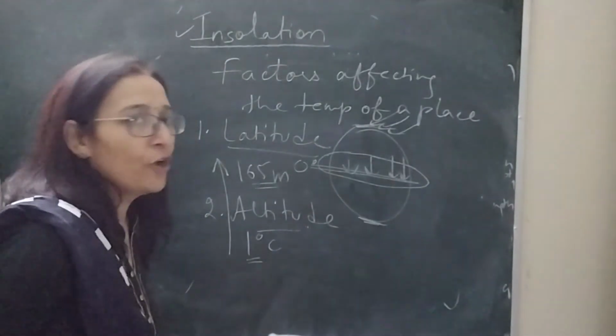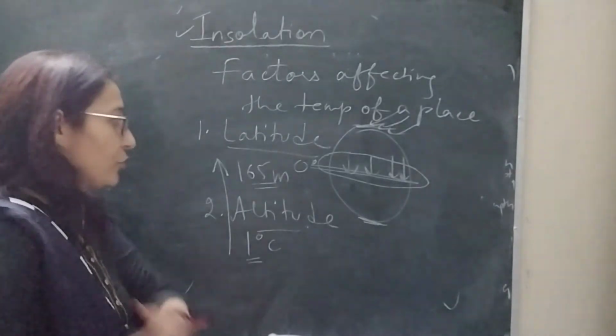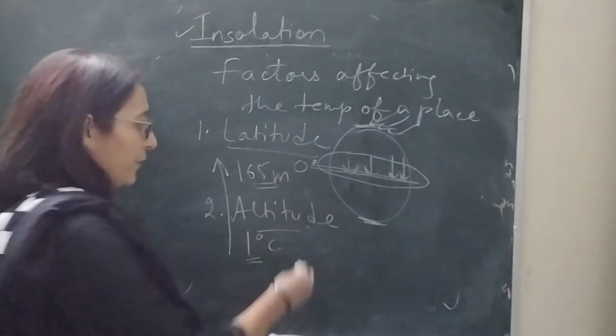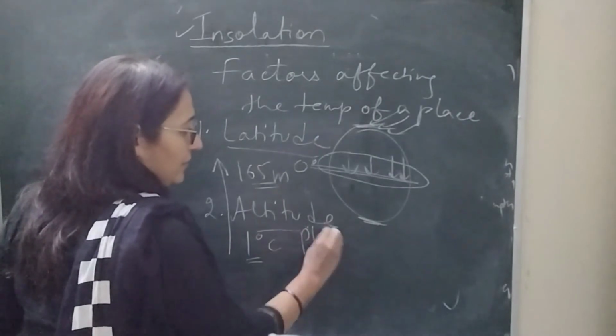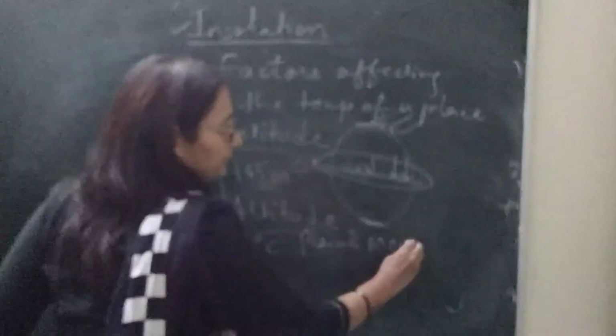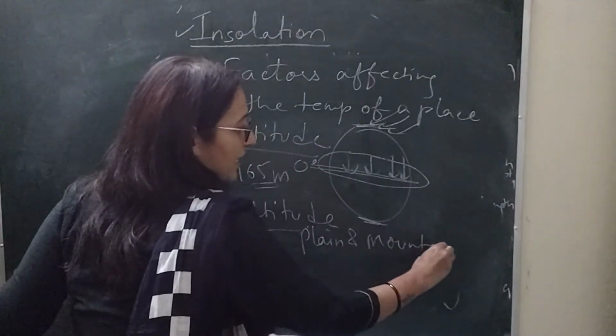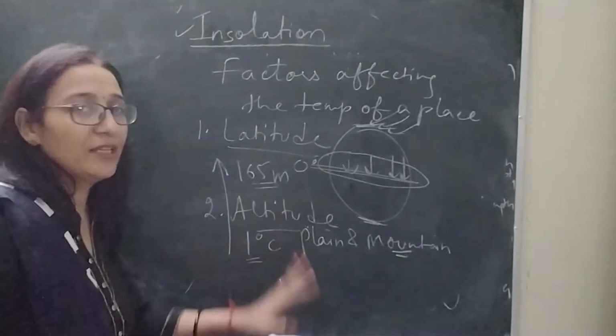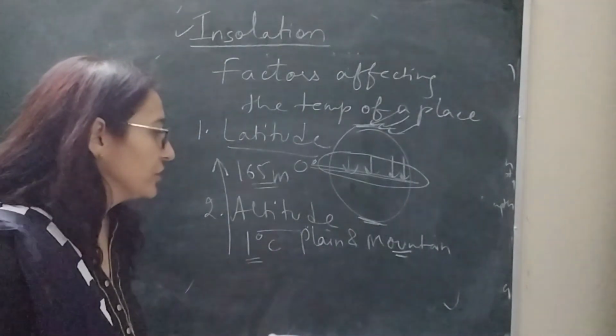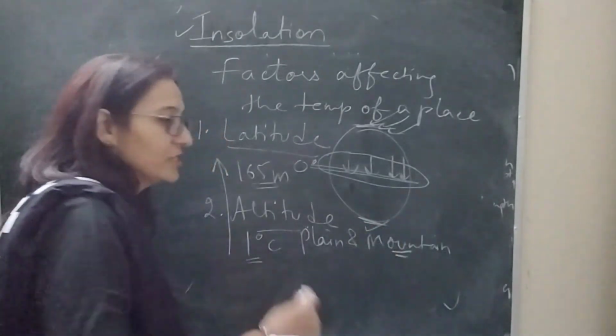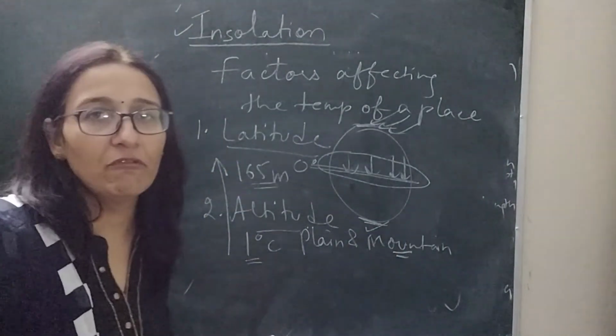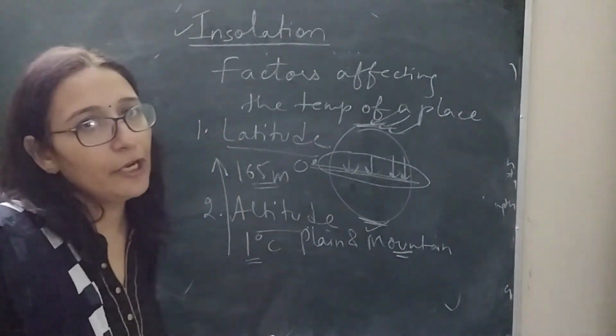So this is called the normal lapse rate. If we compare plain areas and mountains, as the height of the mountain is more than the plain, where is the temperature cool? Mountain. Because as the height of the landform increases, temperature will be reduced.